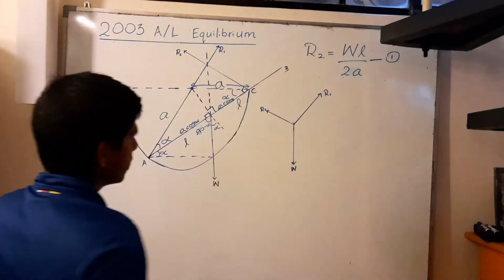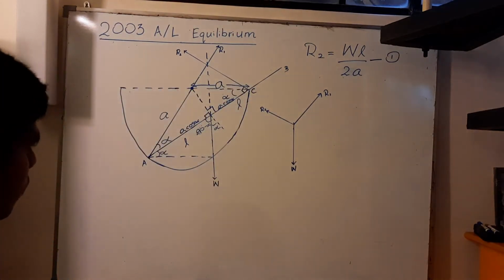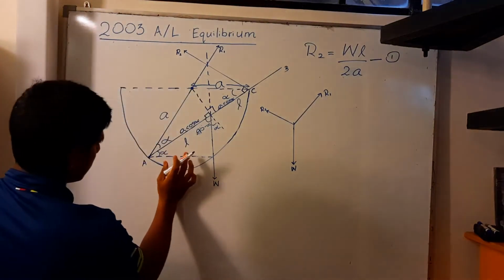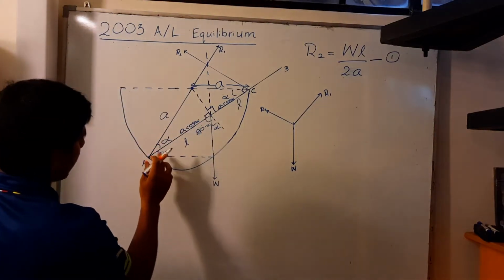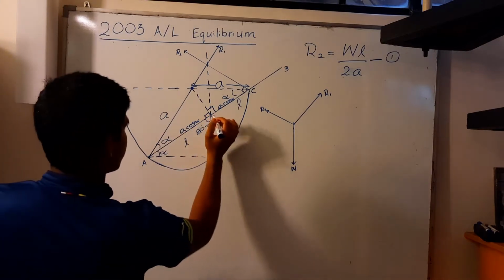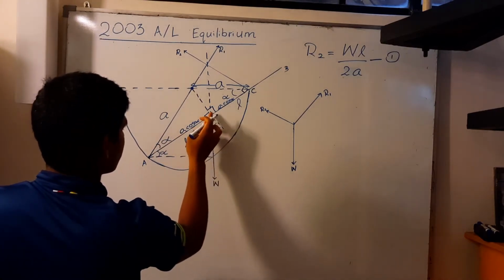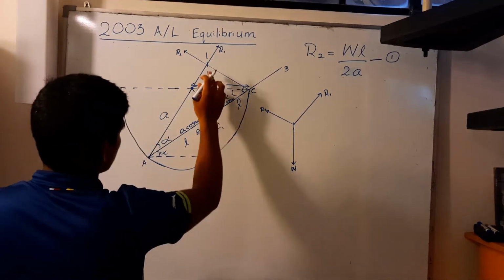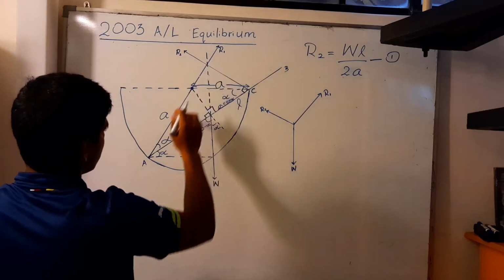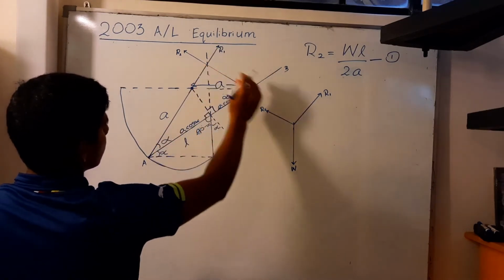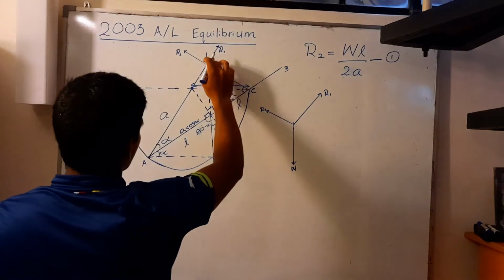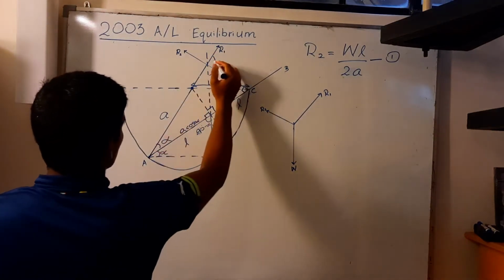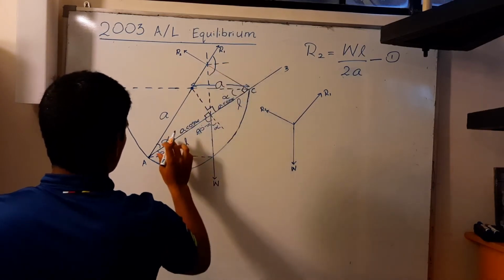So now to find the angles between these forces, you can find those through the diagram. If you take R1 and join it over here, or simply take W up here, you need to find this angle.